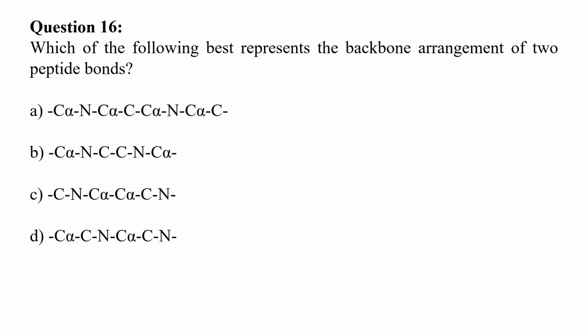So, a peptide bond basically is made between two amino acids, right? If I have one amino acid with a nitrogen attached to an alpha carbon attached to a carboxylic carbon, then this carboxylic carbon will form the peptide bond with the next amino acid's amino group.